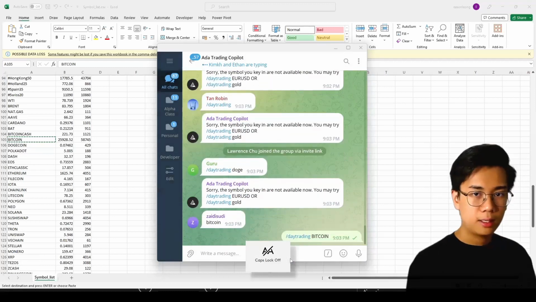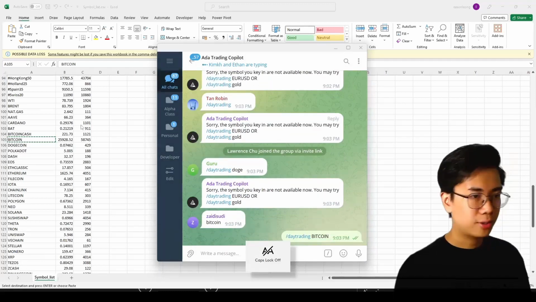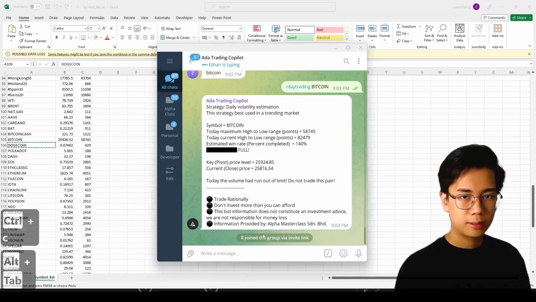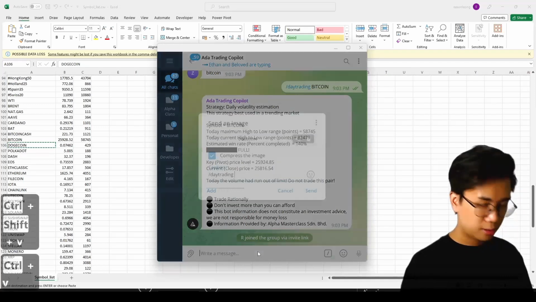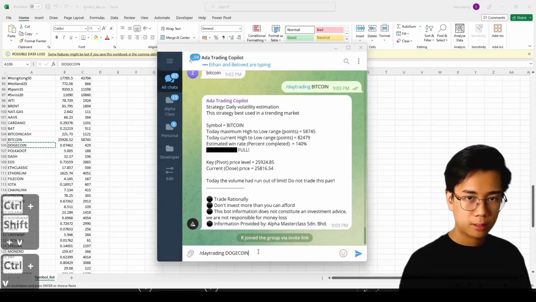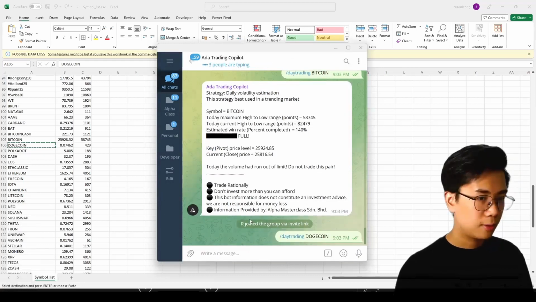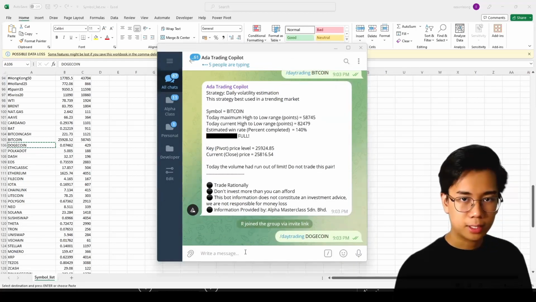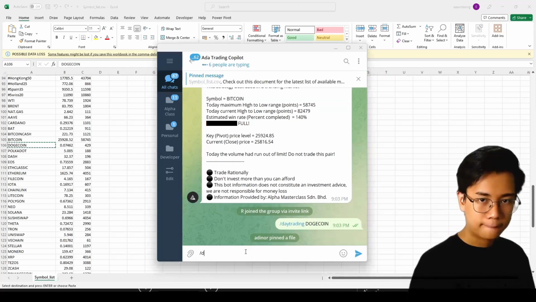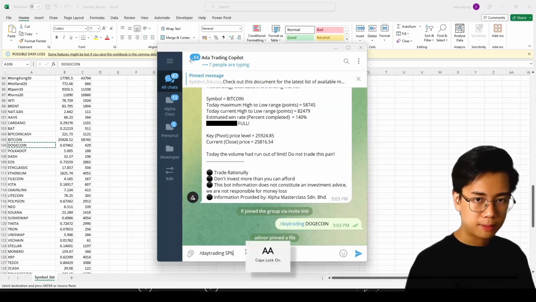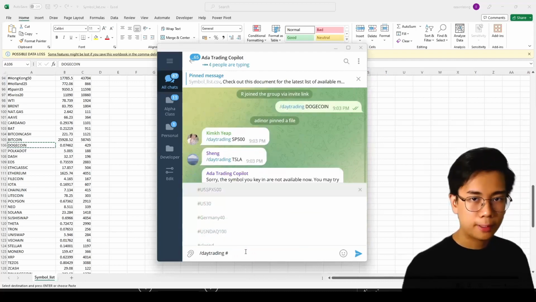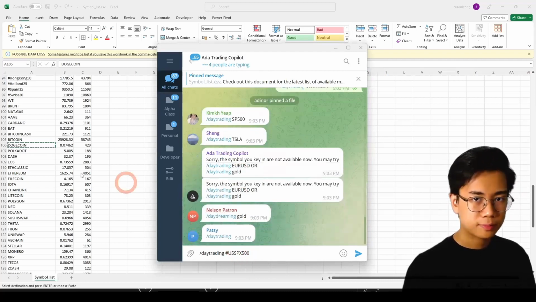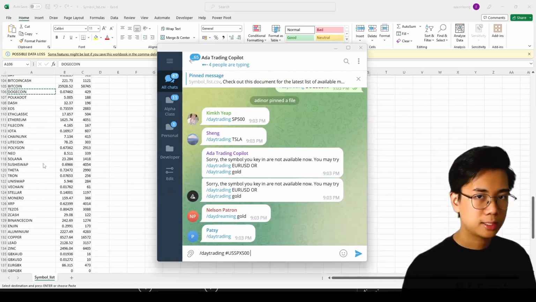And then you have Dogecoin, right? /day trading Dogecoin. What else? You have S&P 500, /day trading SP 500. Okay, S&P 500, the proper term is this one. How to know? Just check from here.